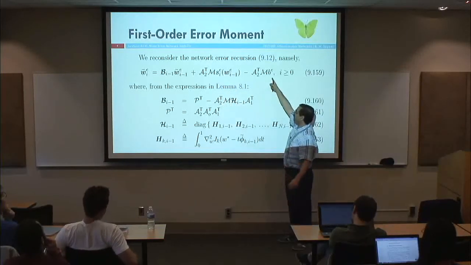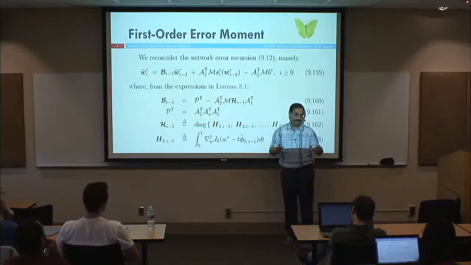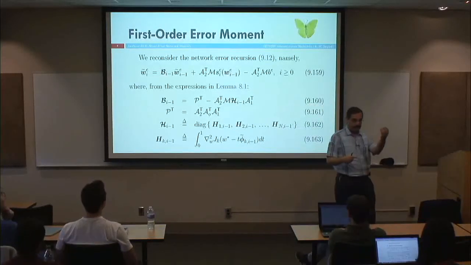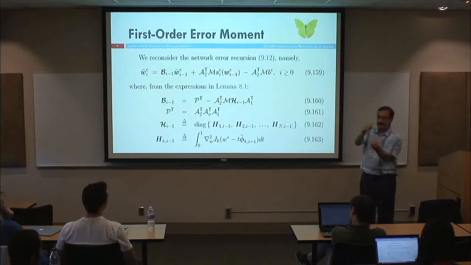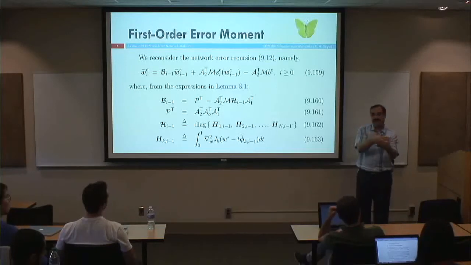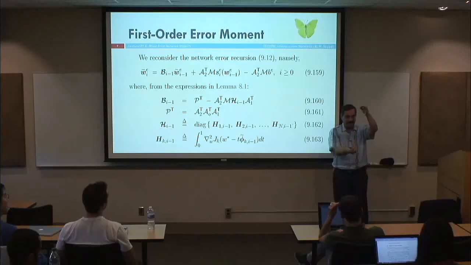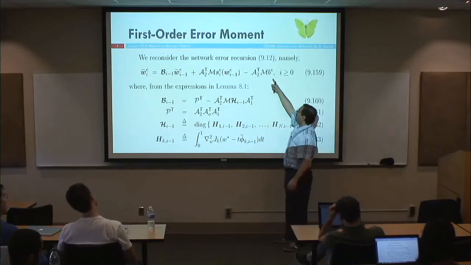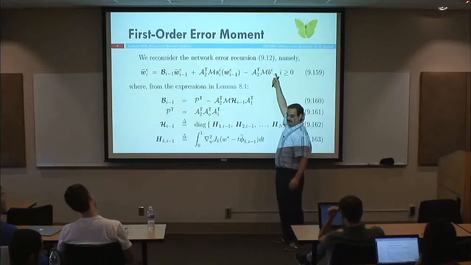And then this is the bias vector. If you remember, the true gradient vector evaluated at W star is not necessarily 0, because W star is not a minimizer for the local costs. So we collected all these gradients, which are constants, into a bias vector. Again, they are extended. Fine?